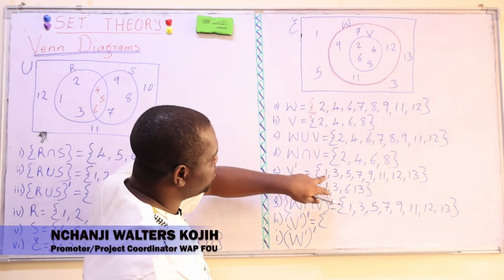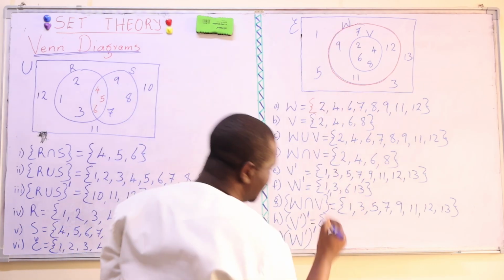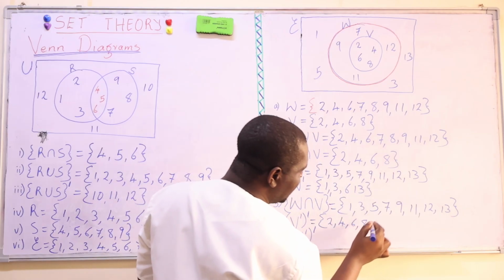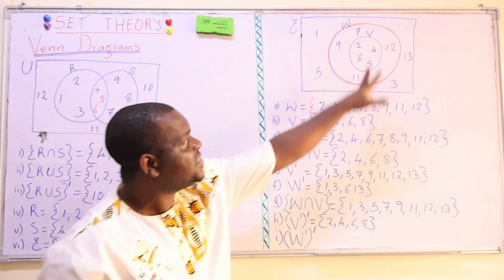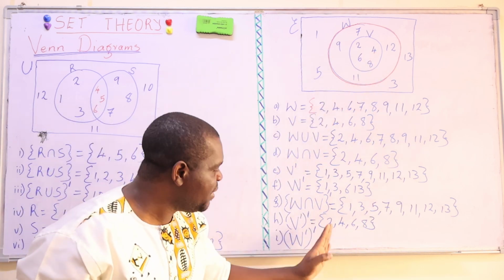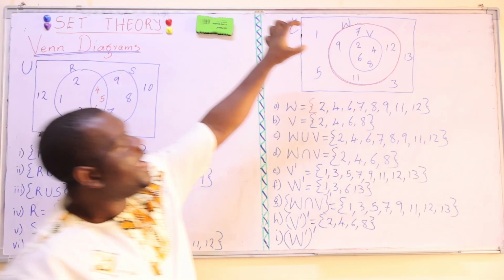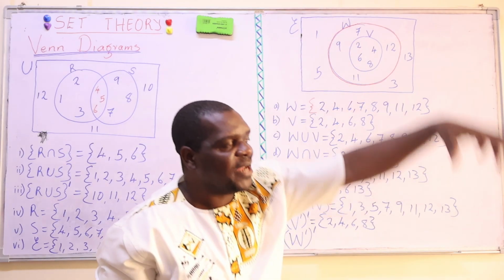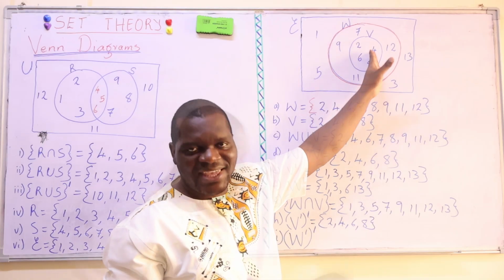In V complement we have 1, and what is absent is 2, because 2 is in the universal set. 4, 6, 8. So we have 2, 4, 6 and 8. If you look at this set carefully, you will realize that it is the set V. V complement complement is simply asking you for V, because the elements in V are not found in V complement, and the complements of V complement are the elements in V.